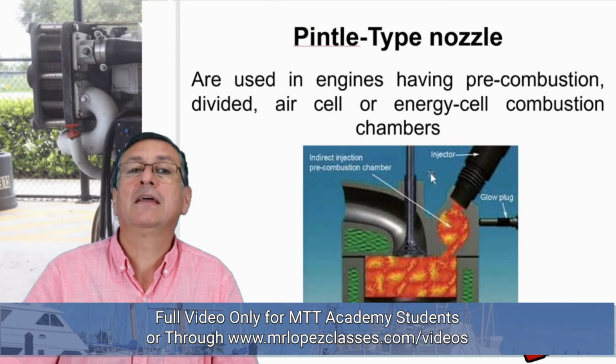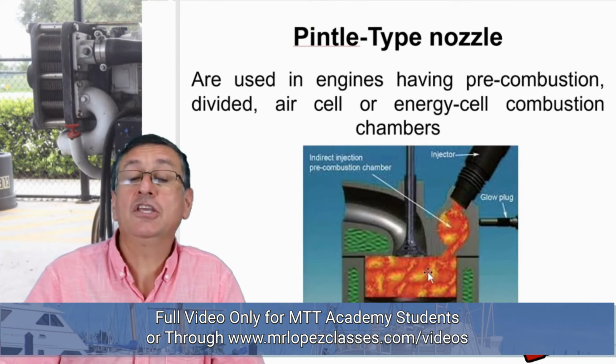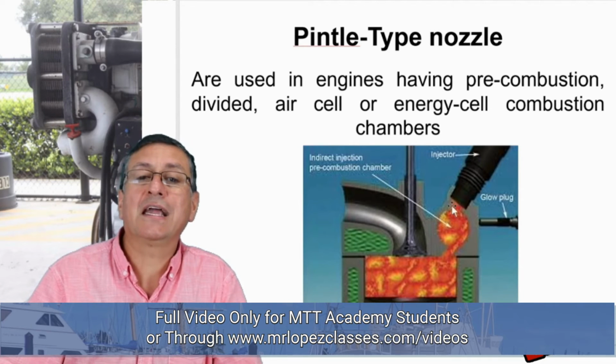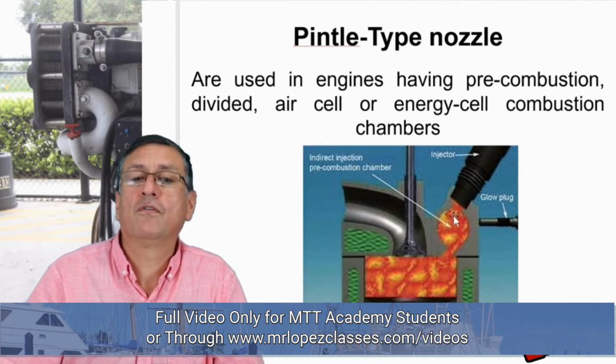This is a typical engine with an injector with a pintle and a glow plug. Look at the glow plug. The glow plug is used to preheat that area, to preheat the compartment on the head for the pre-combustion chamber. And this is the injector, and the protrusion is here, the pintle.